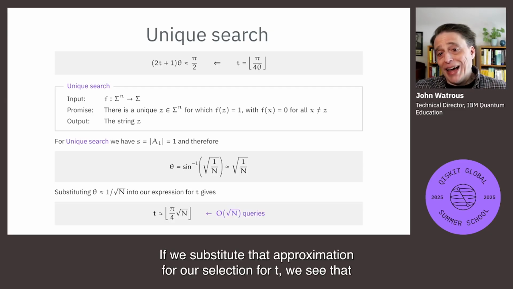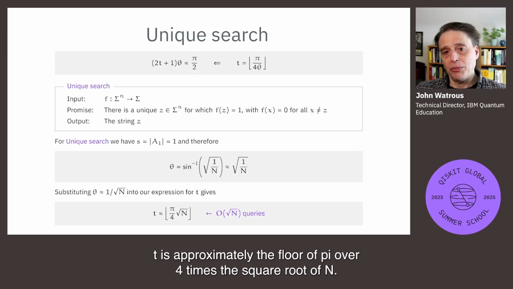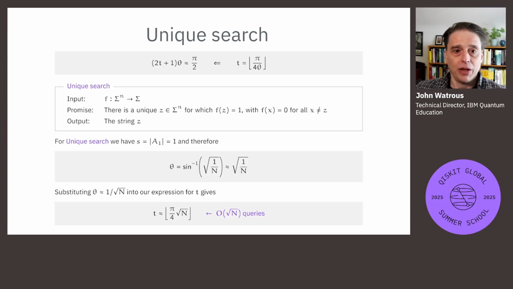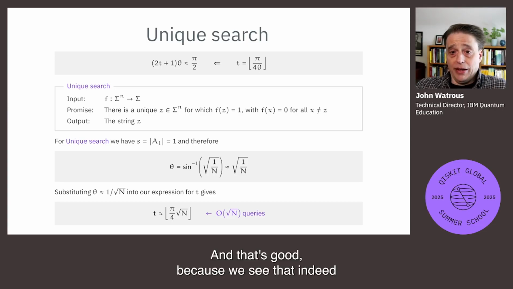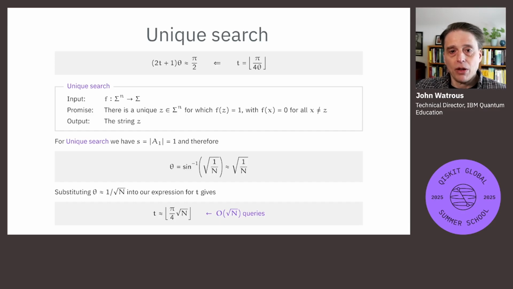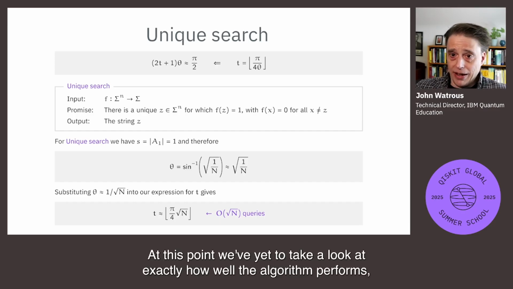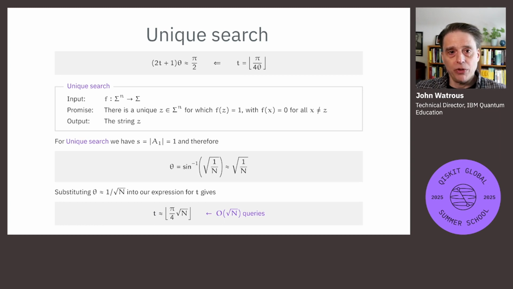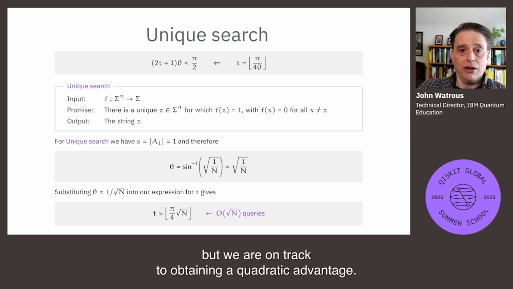If we substitute that approximation into our selection for t, we see that t is approximately the floor of pi over 4 times the square root of N. And that's good because we see that, indeed, we're using big O of the square root of N queries. At this point, we've yet to take a look at exactly how well the algorithm performs, but we are on track to obtaining a quadratic advantage.